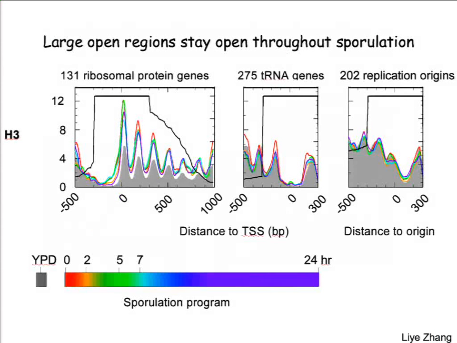We looked at the ribosomal protein genes. Now, the reason why we look at this collection of genes is the huge NFR. The two nucleosomes here. Yet there is nothing detected when you go into the sporulation stages, no nucleosome appears there.